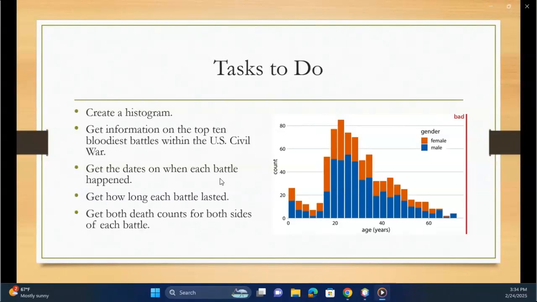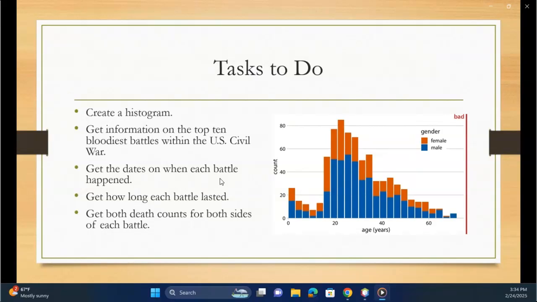And for each battle we're going to grab, we're also going to see when each battle happened and how long each battle lasted. These battles could range from 1860 to 1868, and each battle could have lasted from just a few days to weeks.